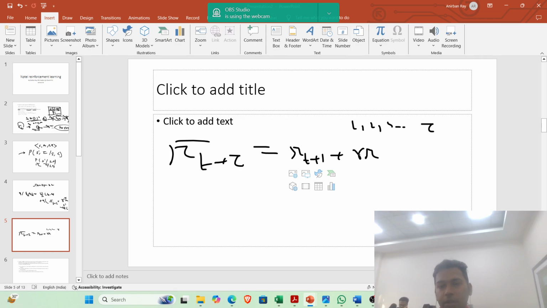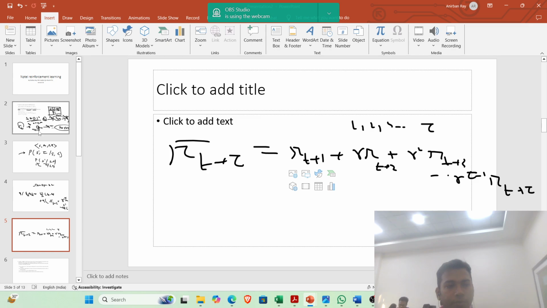For each time step that has progressed, we multiply with a discount factor gamma. So it's gamma squared R t plus 3, and so on, up to gamma to the power tau minus 1 times R t plus tau. This is how it is formulated.